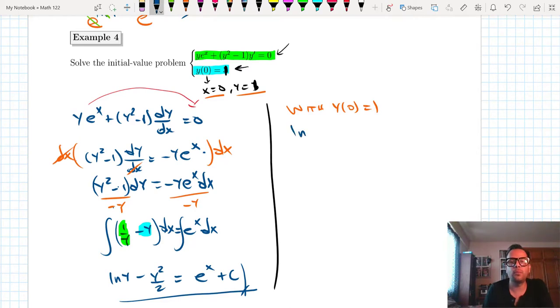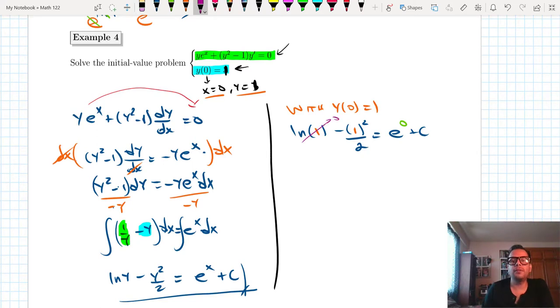So ln of 1 minus 1 squared over 2. Okay, let me use orange for the 1. Equals e to the value of x, which is 0. I'm going to use green. Okay, now what is ln of 1?